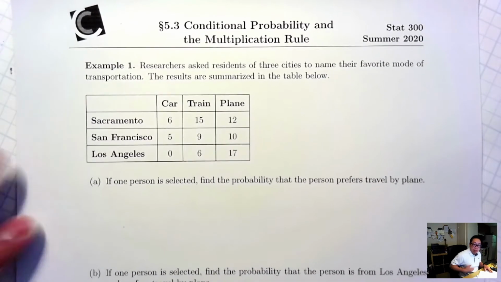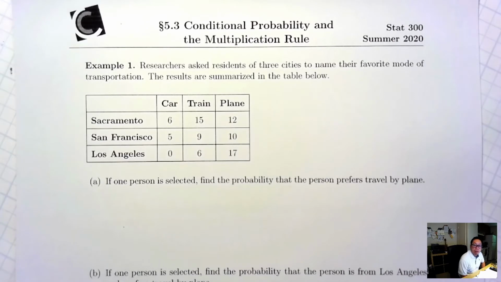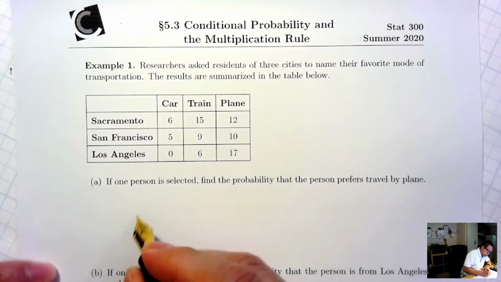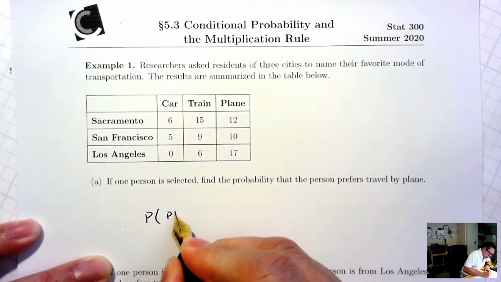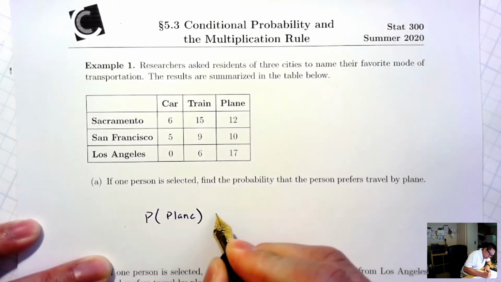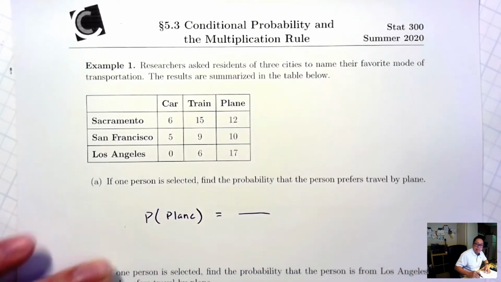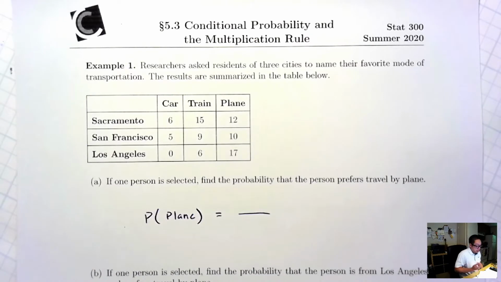Part A, if one person is selected, find the probability that the person prefers travel by plane. Notation-wise, we're looking for the probability that the person prefers plane. The bottom is going to be the total of everybody.